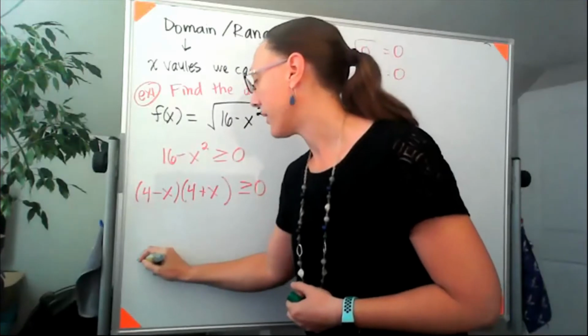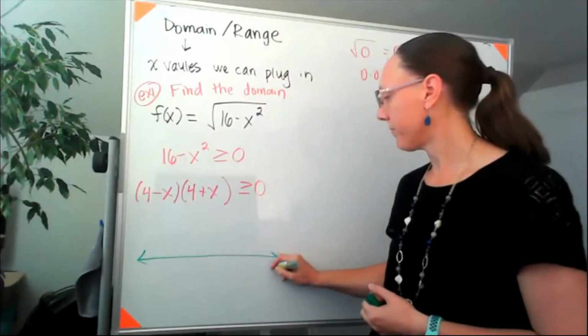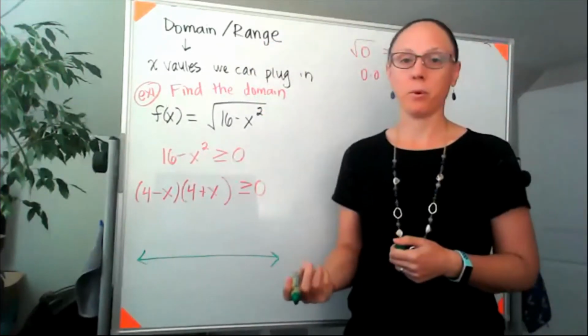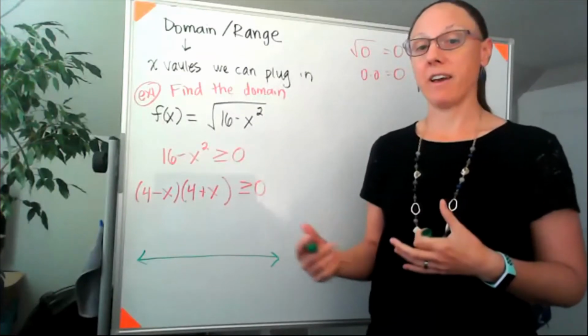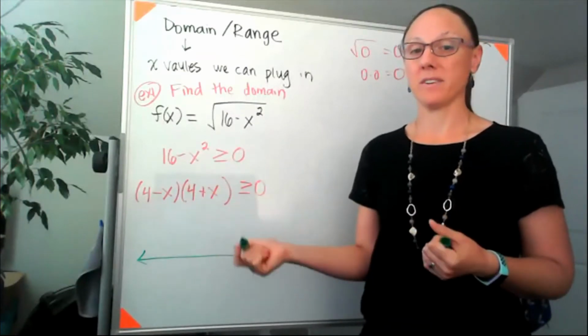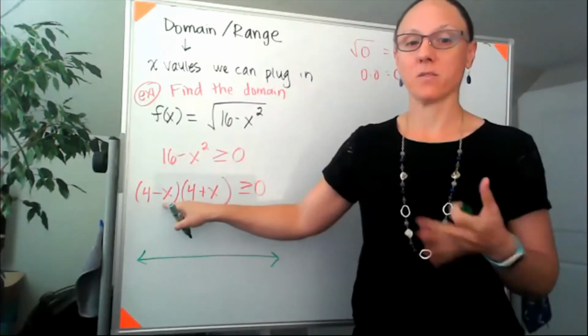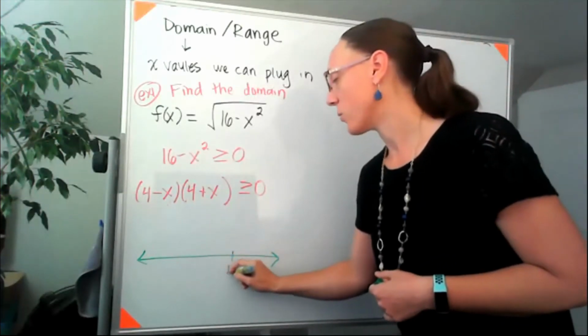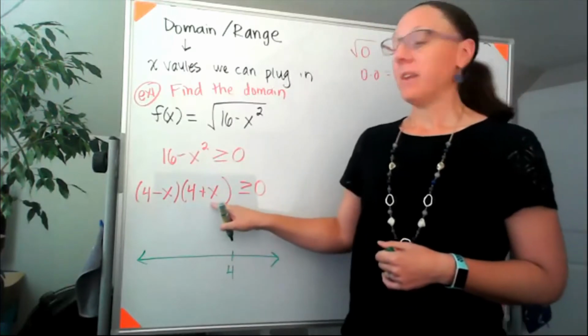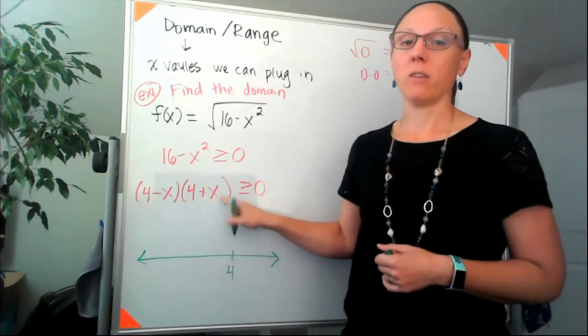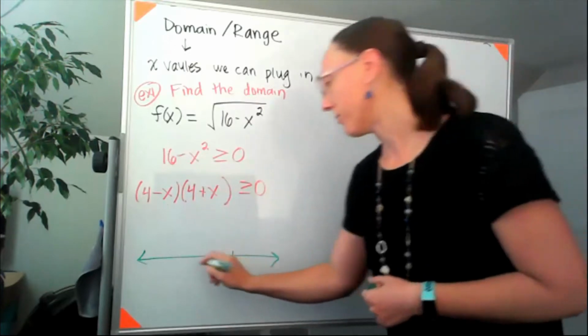So I'm going to draw a number line. And the values that I'm going to put on my number line are whatever x values make one of these pieces equal to 0. So if I were to plug in 4 for x, 4 minus 4 would give me 0. So that's one of my zeros. And here I'd have to plug in negative 4 to get that factor to go to 0.